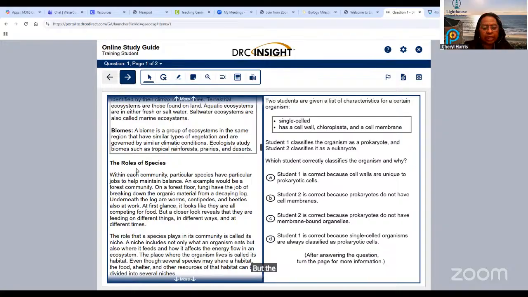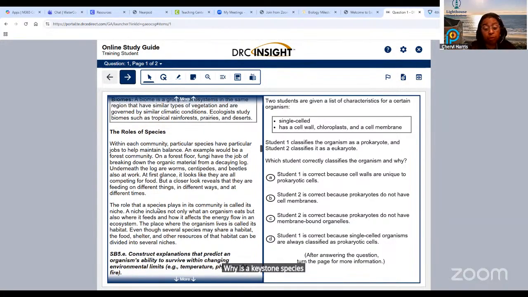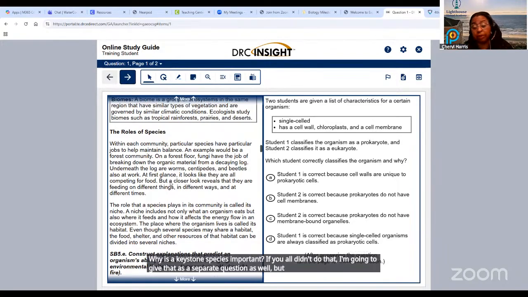With the last class on ecosystems, I found that you all didn't answer the question on why a keystone species is important. If you didn't do that, I'm going to give that as a separate question, but it'll also count against you that you did not answer this question.